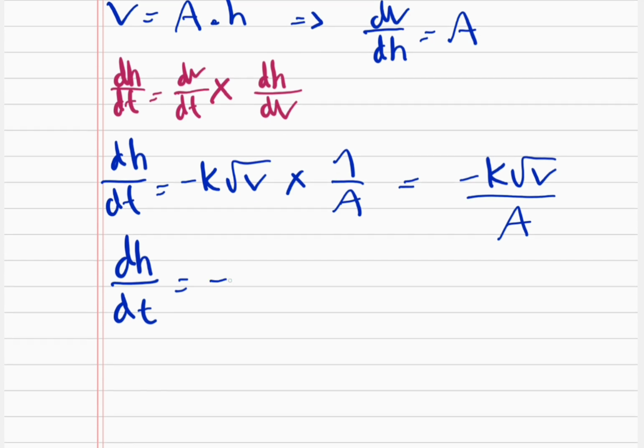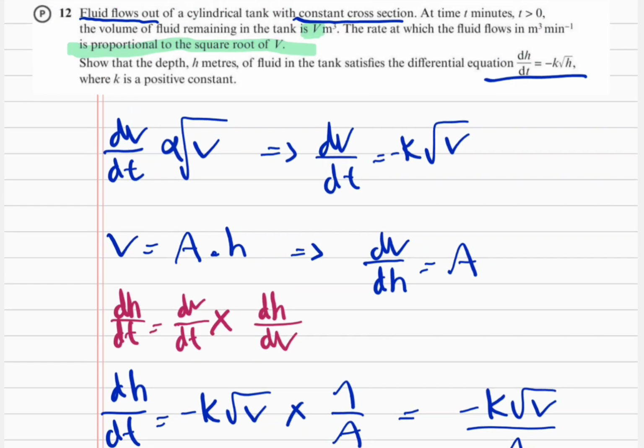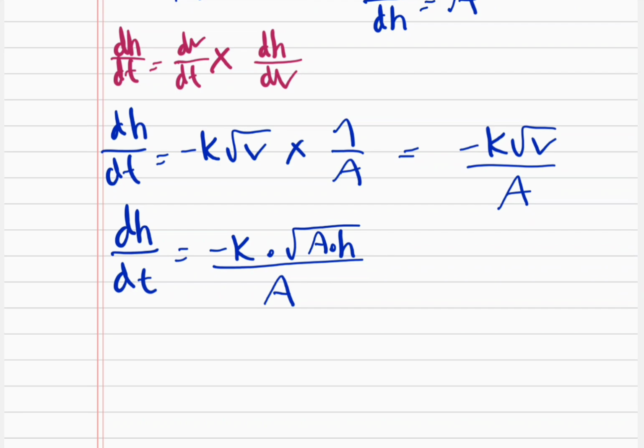There's another thing that I need to mention. We have minus k and then times, now instead of writing square root of V, remember that V is equal to A times h. So we can write it like this. The reason is we want to have the square root of h to get the same form as the question.